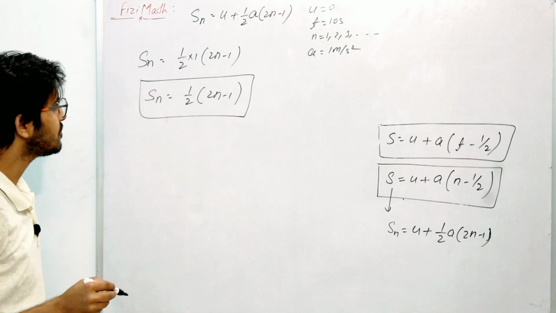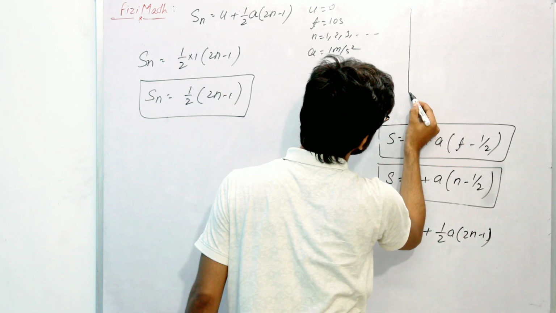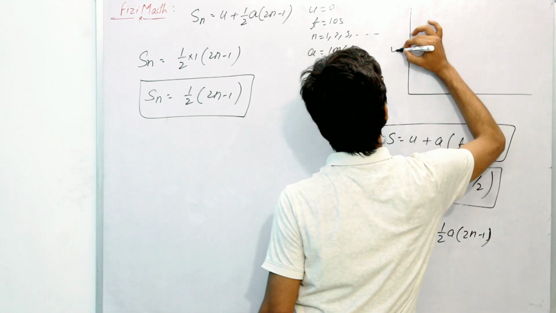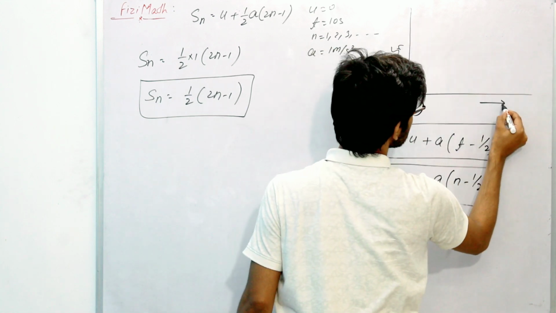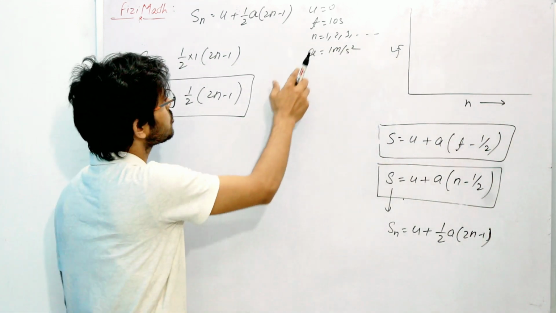Now we have to plot the graph between Sn versus n. Here I have taken n and here Sn. Now in the question it is given that n is equal to 1.